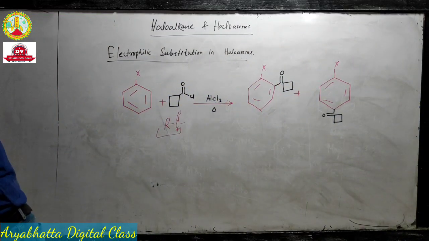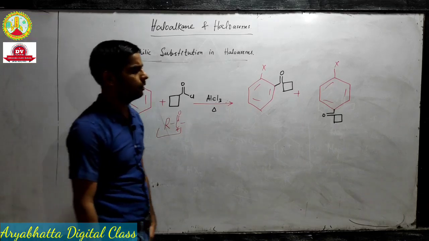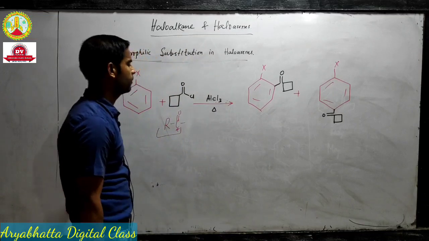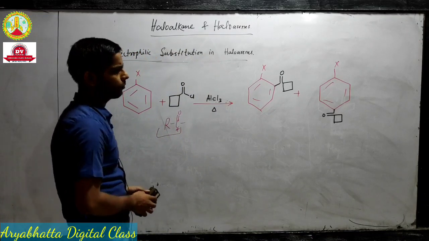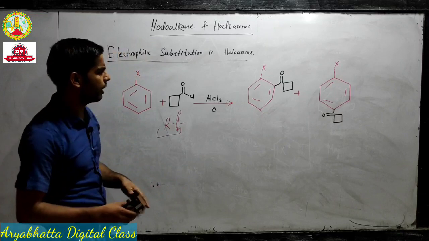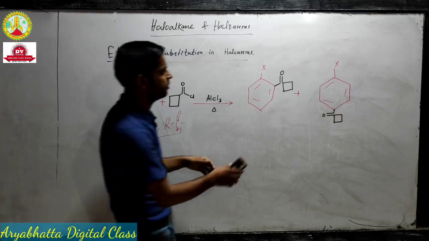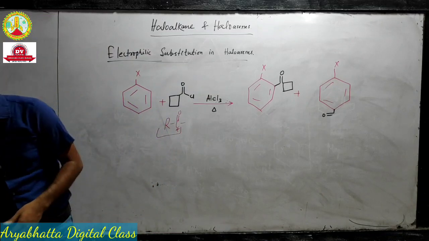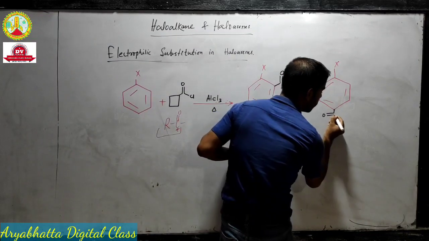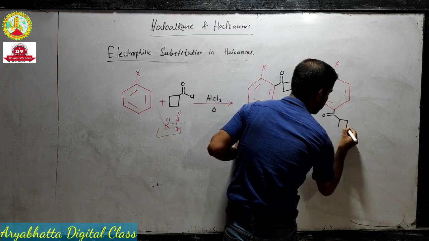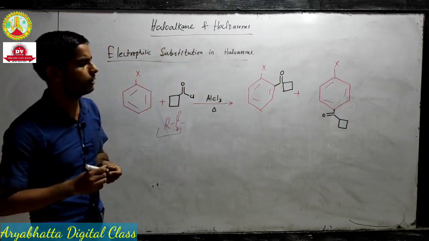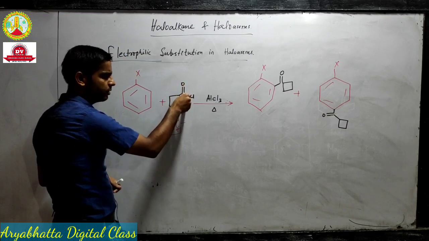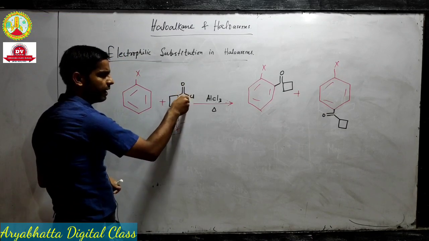The thing is that you should maintain the number of carbon atoms. Okay, oh sorry, there is a mistake here. Double bonded oxygen is next to this group. Okay. Now it's perfectly fine, because the carbon to which the double bond is attached, this square ring is in the next carbon.